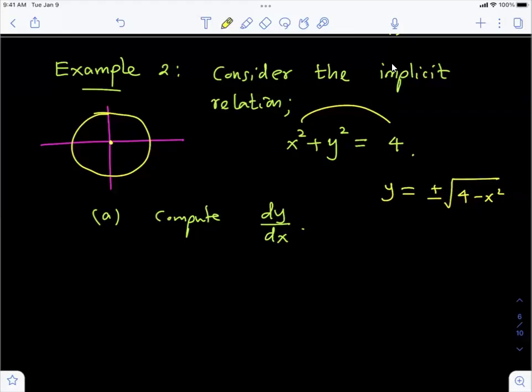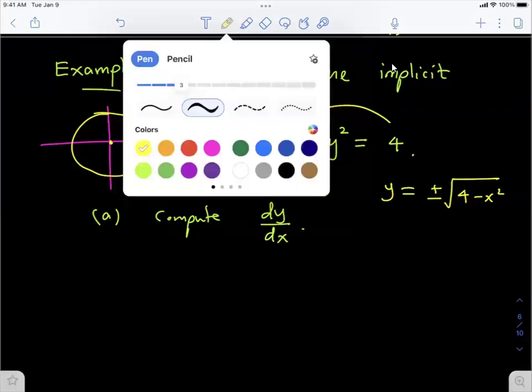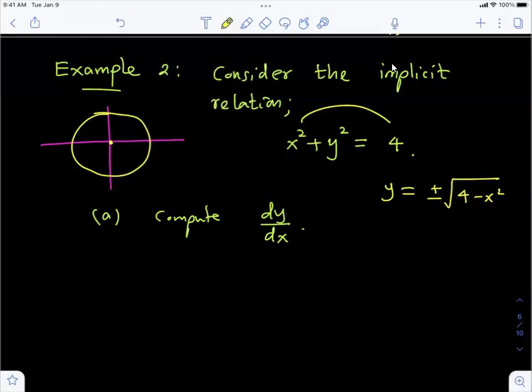If you don't believe me on that, go back to this picture and use the well-known method of checking for a function called the vertical line test.